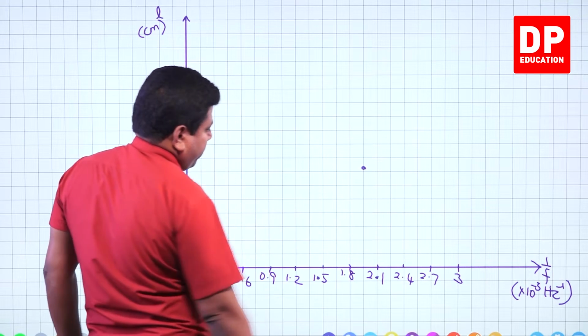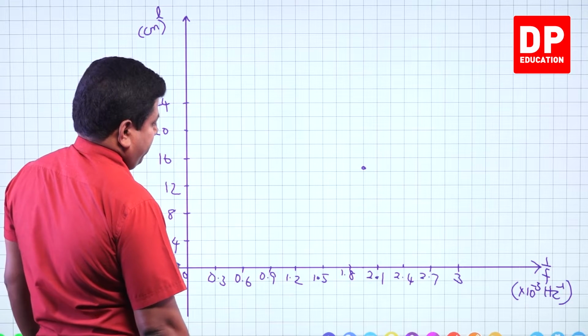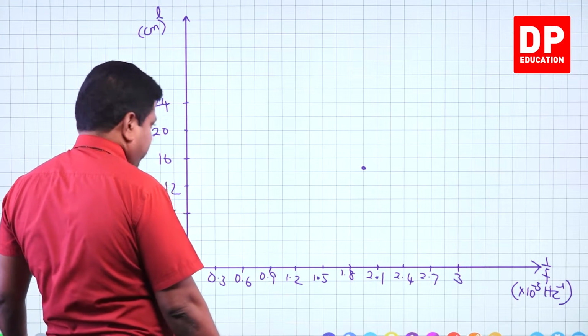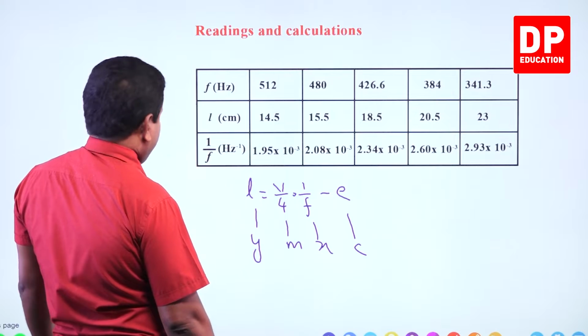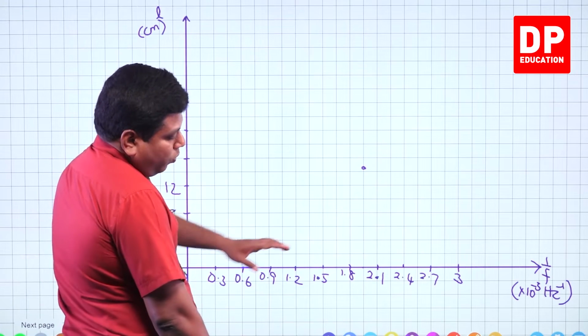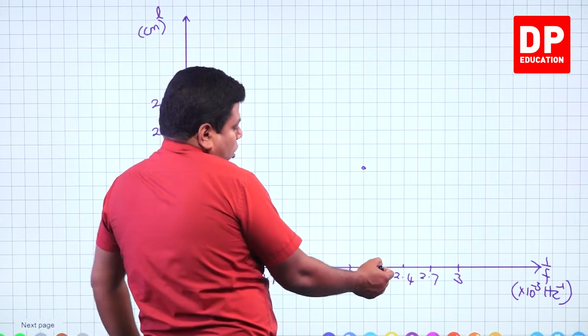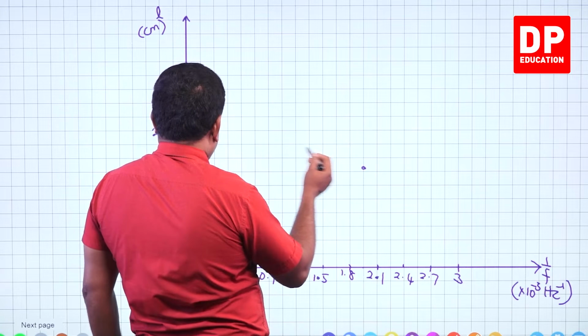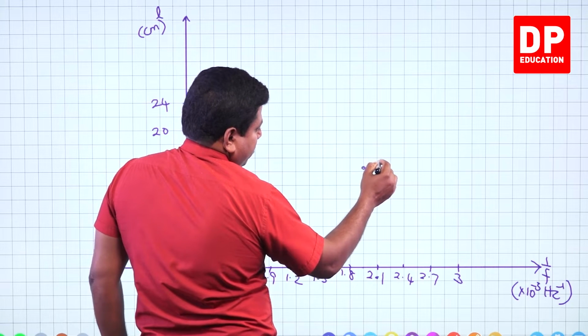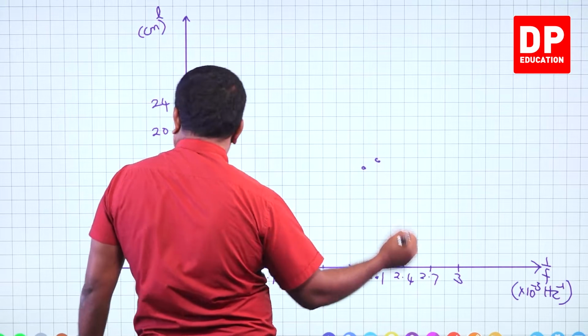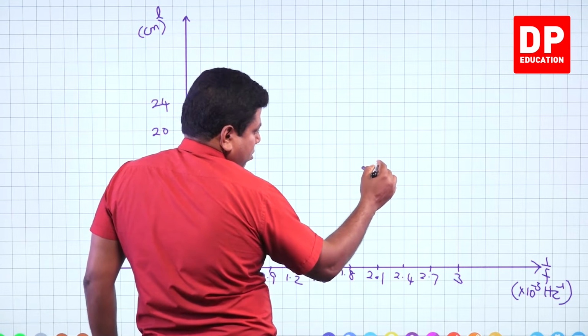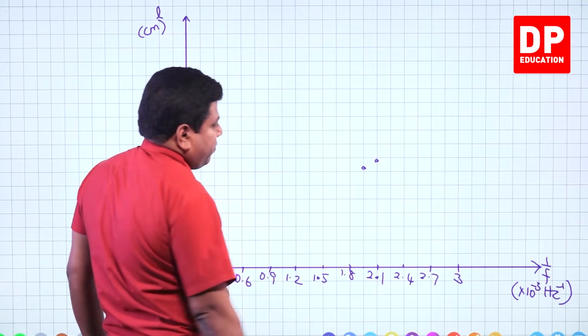Next, 2.08 and 15.5. 2.08 is almost here, and 15.5.